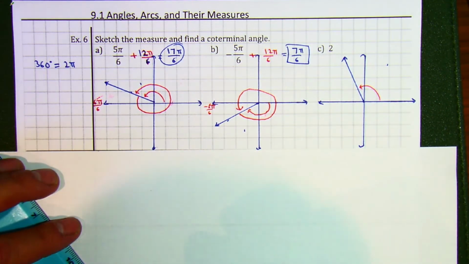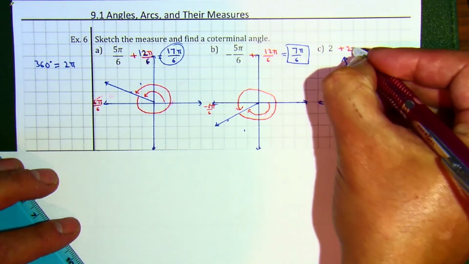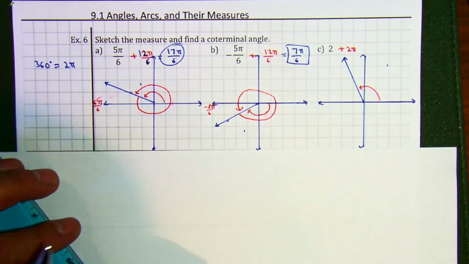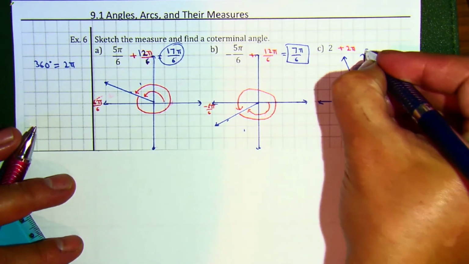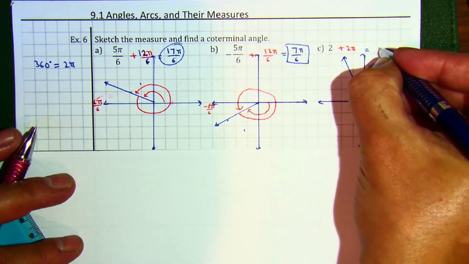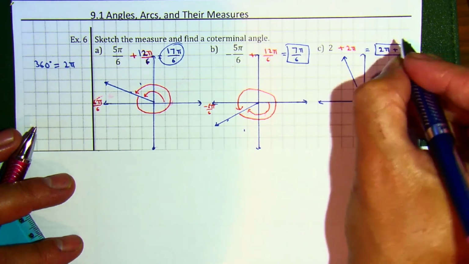What do I need to do to find a coterminal angle? I need to add 2 pi. So therefore, it will be 2 pi plus 2. That will be the exact answer.